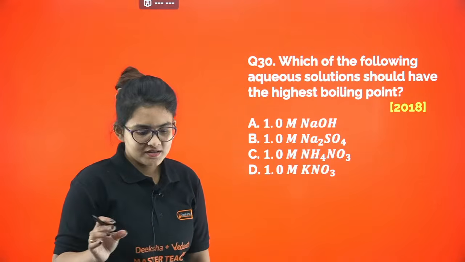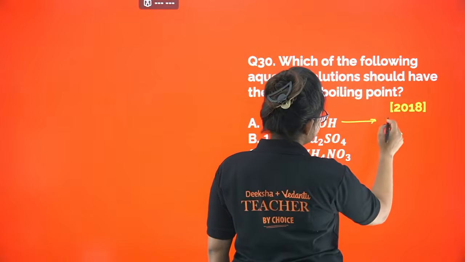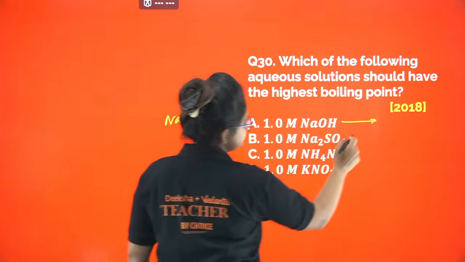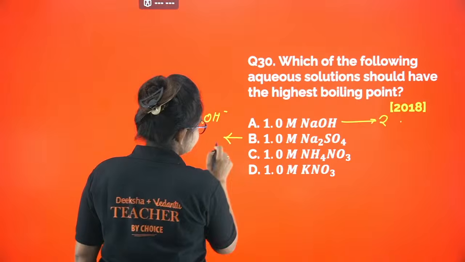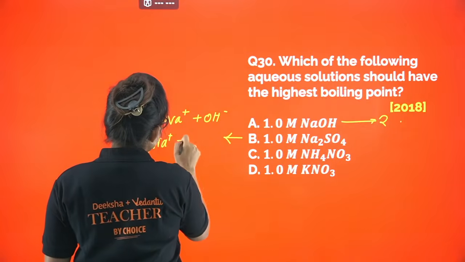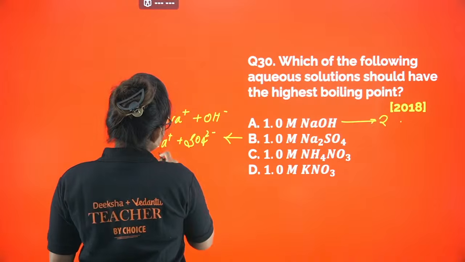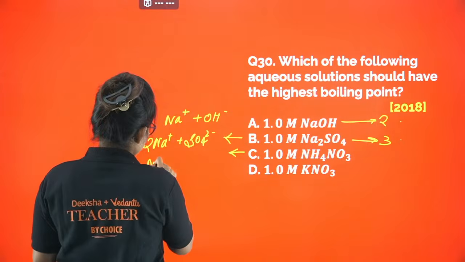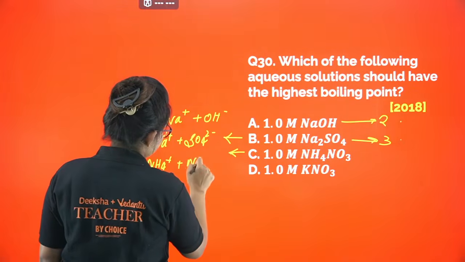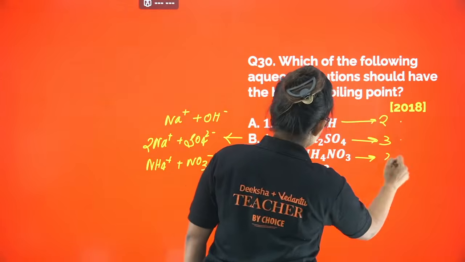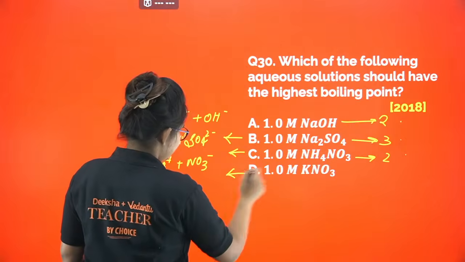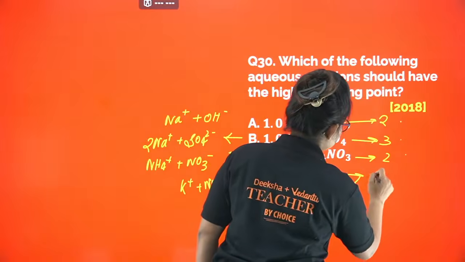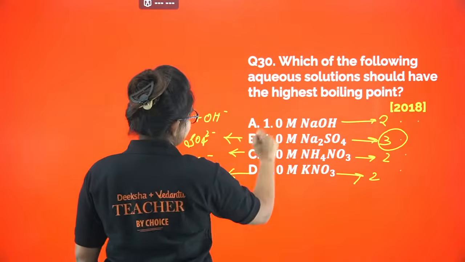Here the I value is coming 2 because I am breaking it down: Na plus plus OH minus, so the I value is 2 here. For Na2SO4, if you break it down, 2 Na plus plus SO4 2 minus, so how many? It's coming 3, right? For ammonium nitrate, NH4 plus plus NO3 minus, this is coming 2. Next, K plus plus NO3 minus, so that's going to be 2 as well. So you can see the maximum value is here, so that's going to be our correct answer.